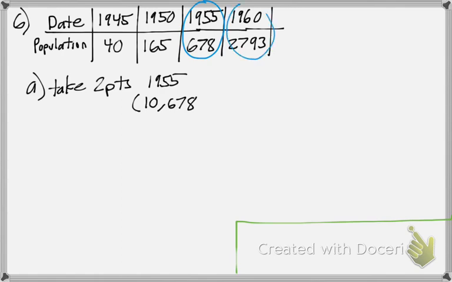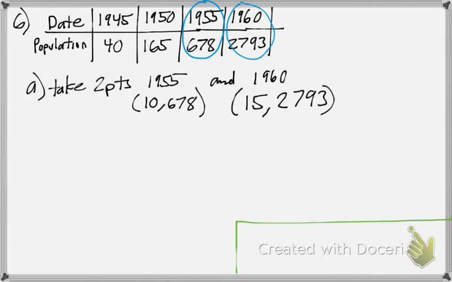And then I want to take this as my second point, and 1960. So that would be 15, 2,793. And find the slope.